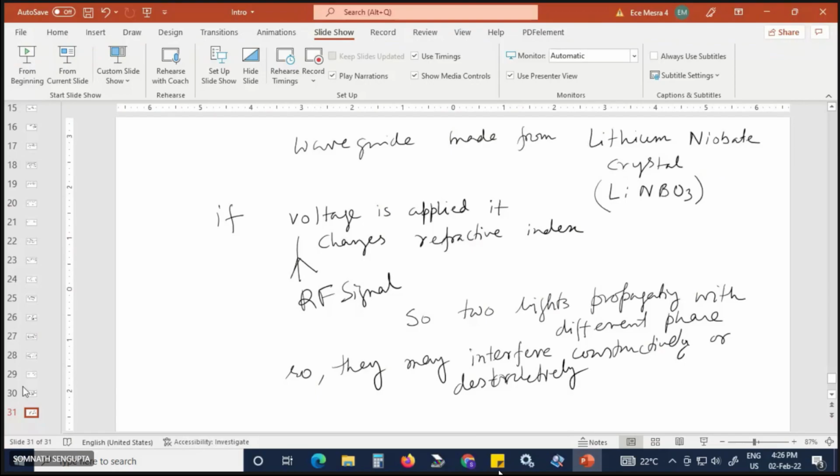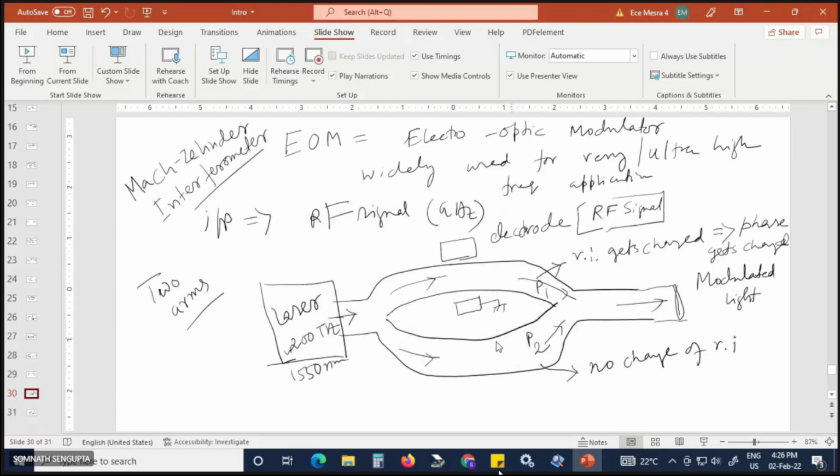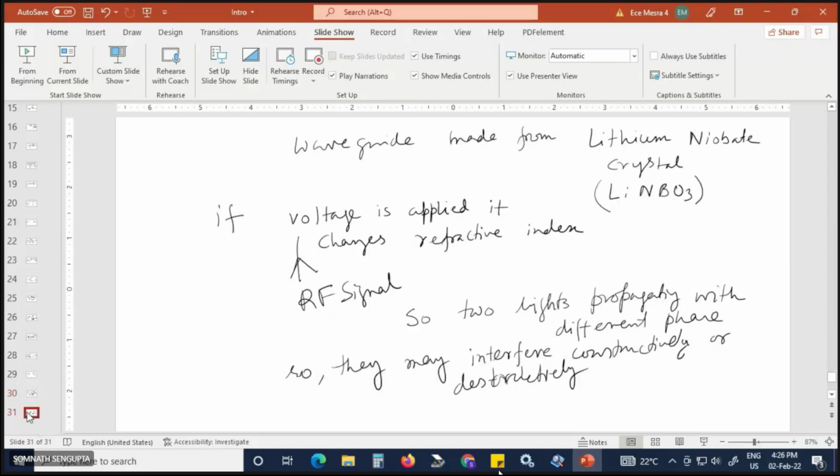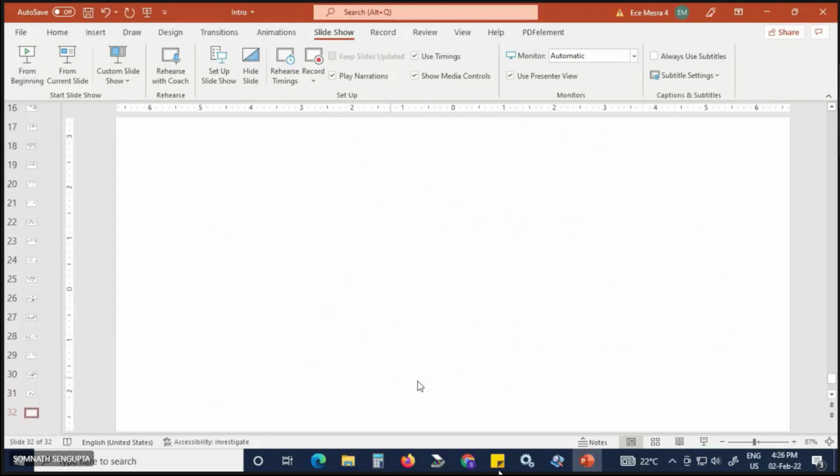If they interfere constructively, then you will get light. If they interfere destructively, then you will not get any light.